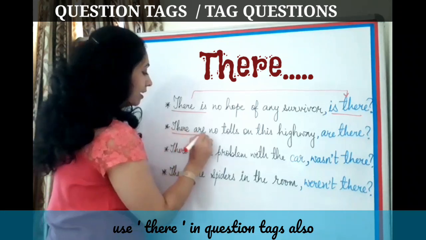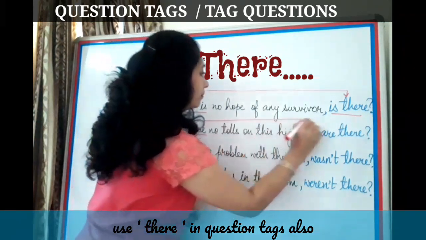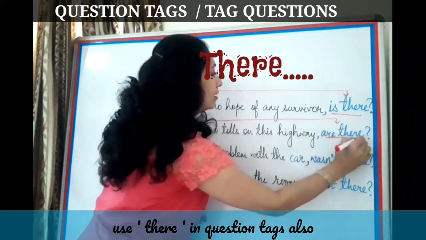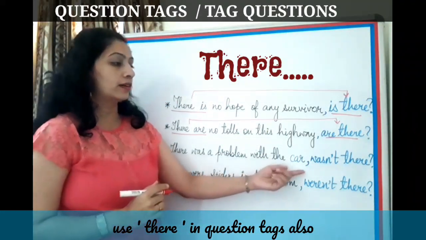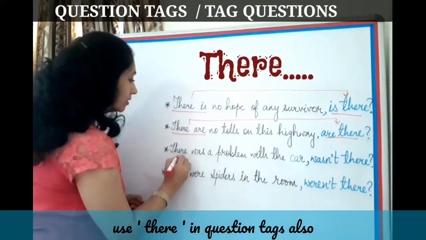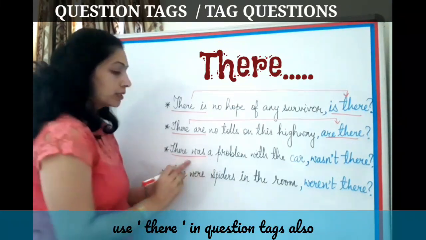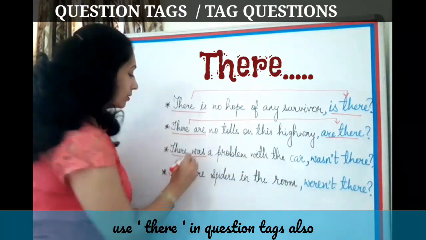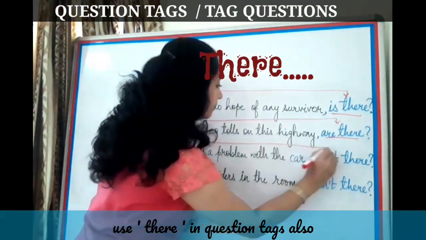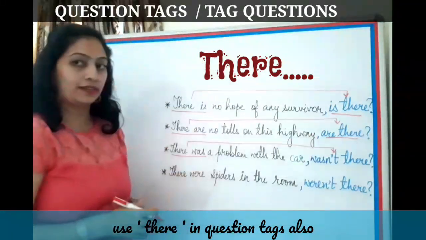Now look here, there are will become are there. There was a problem with the car, wasn't there? Now because here it's a positive statement, the tag will become negative. So there was will become wasn't there.